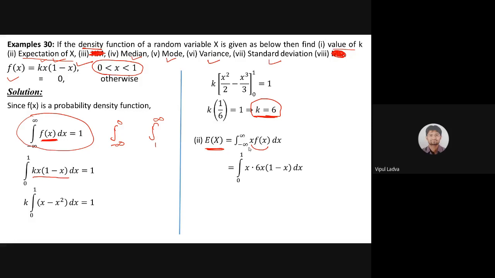That integral will be reduced to 0 to 1, because both the other parts have f of x as 0. So we don't need to talk about those two parts. We are just interested in the part 0 to 1 as the limits provided for the continuous random variable x.